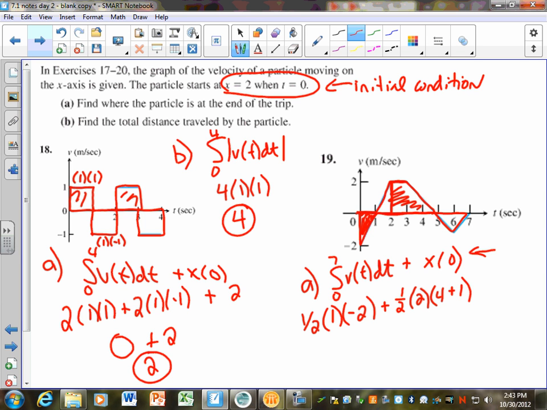If you broke that up into 2 triangles and a rectangle, you're still going to get the same area. Plus the area of this triangle, the height is just -1, I believe, so 1/2 times -1, but the base is 2. Kind of running out of room here, but plus my initial value, which was 2.